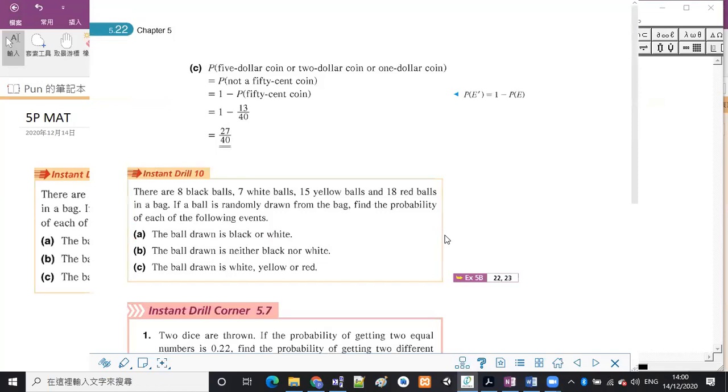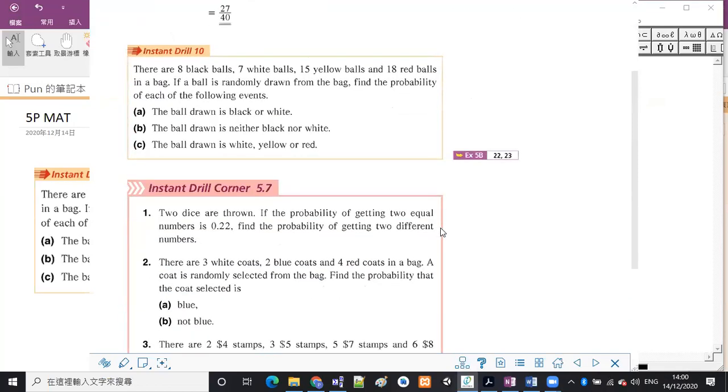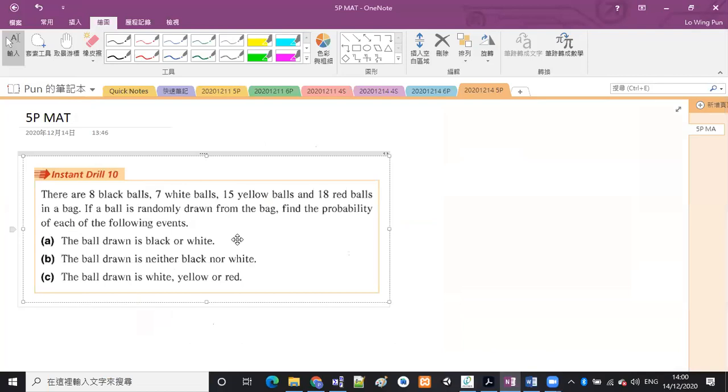That should be on page 5.22. There are 8 black balls, 7 white balls, 15 yellow balls, and 18 red balls in the bag. There are four types of colors. If a ball is randomly drawn from the bag, find the probability of each of the following events.